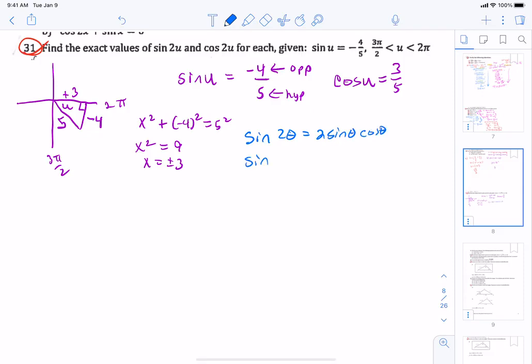So sine of 2u is just going to be 2 times the sine of u times the cosine of u. We're just plopping in that information from the drawing. Make that as pretty as you can. 2 times 4 is 8. 8 times 3 is 24. So that's negative 24 over 25.